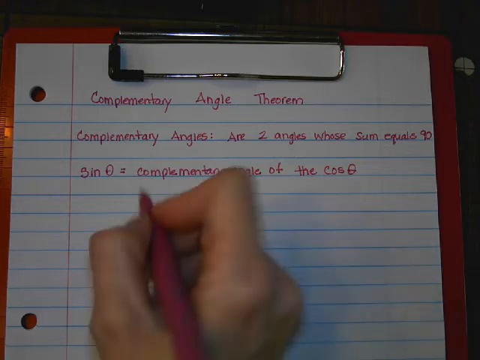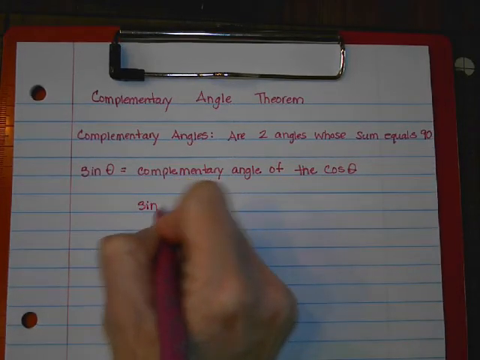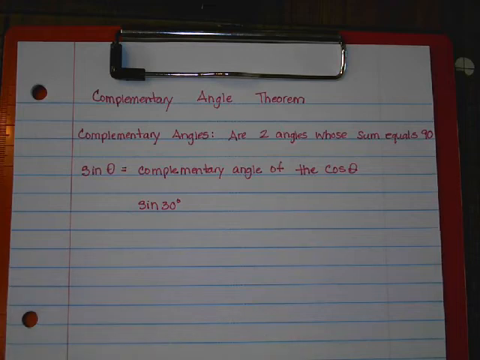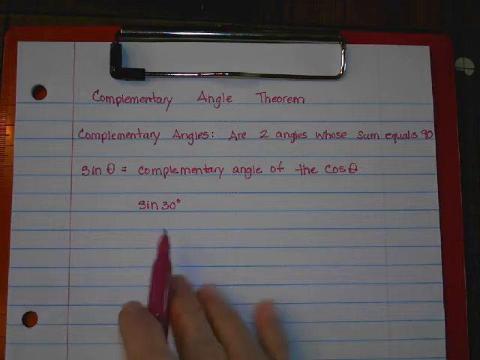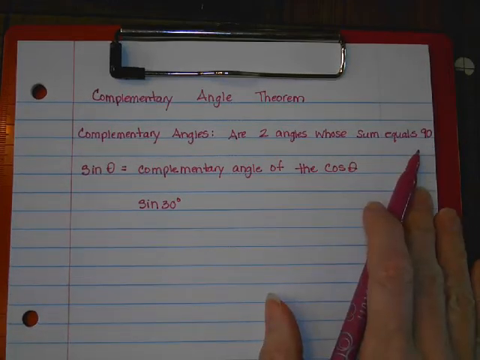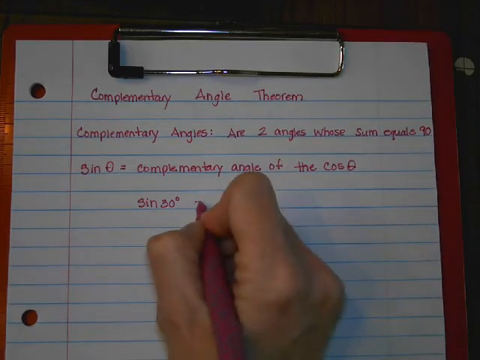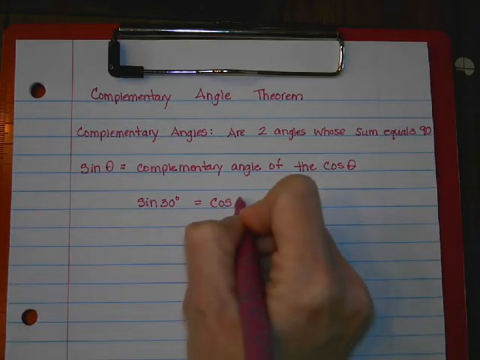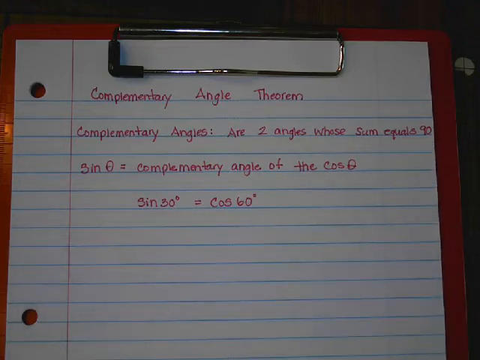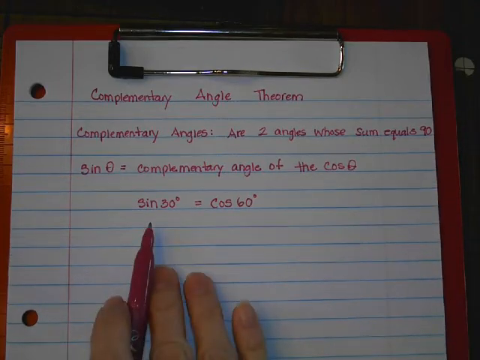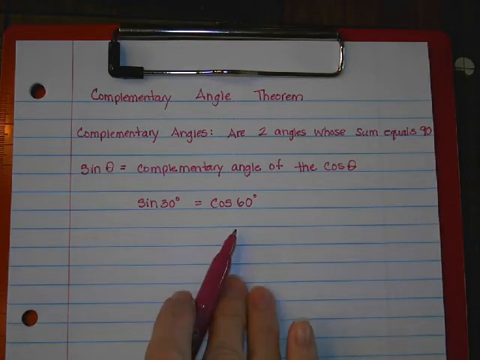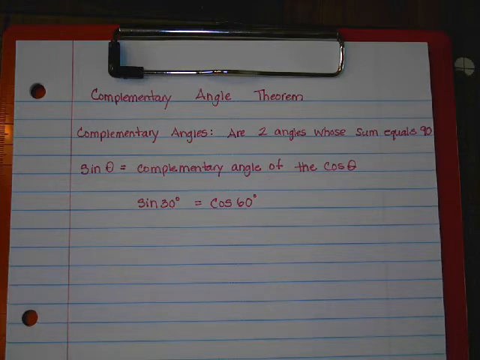Say we have the sine of 30 degrees. If my angle is 30 degrees, what can I add to 30 degrees to get to 90 degrees? Remember, the two values have to add up to 90. So 30 plus what is 90? That's right, it's 60. So this would be equal to the cosine of 60 degrees. We find the sine of 30 is the same as the cosine of 60.